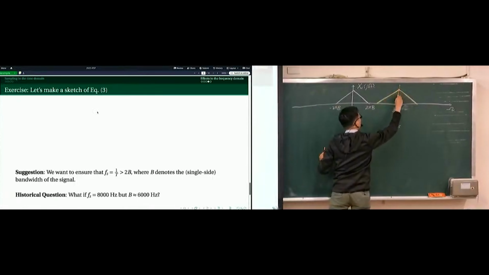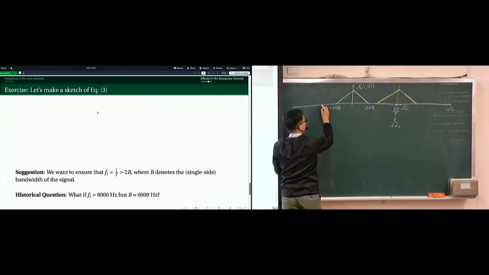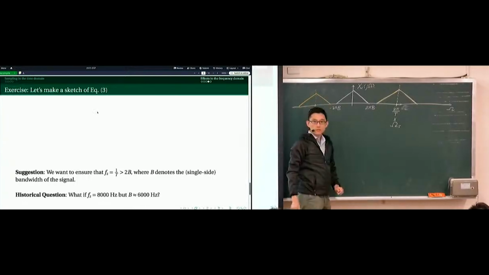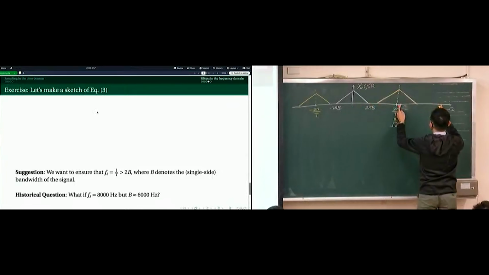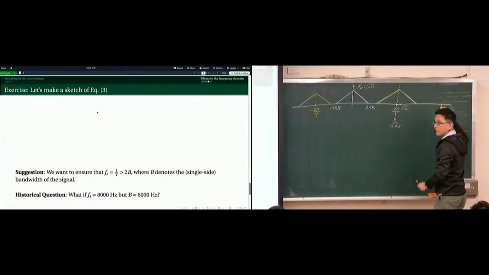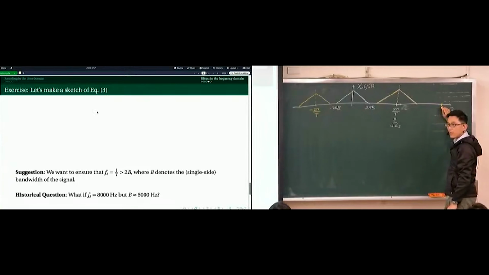So let me just draw a dashed line right here, something like right here, maybe. 2 pi divided by T with a minus sign. Everything should be symmetric. Right here, that's another copy. And theoretically, here we also get yet another copy, right here.